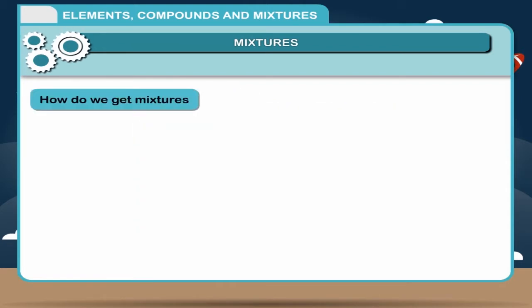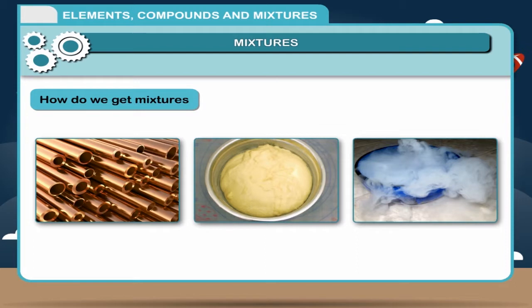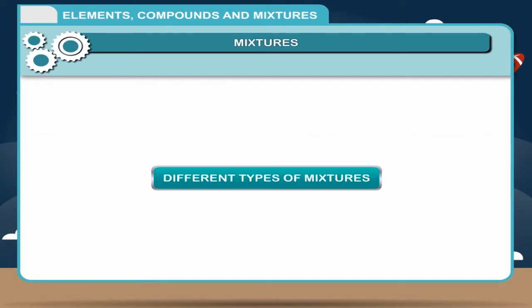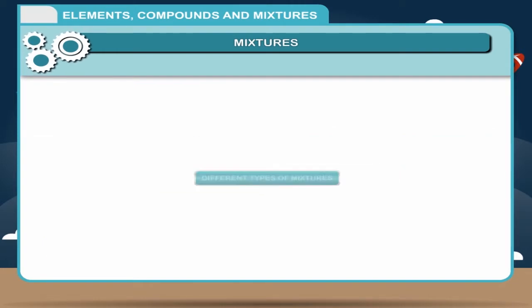How do we get mixtures? A mixture can be formed by mixing matter of different states. It may be by mixing solid with solid, or solid with liquid, or solid with gas, etc. Different types of mixtures.